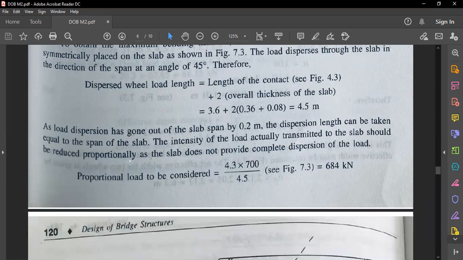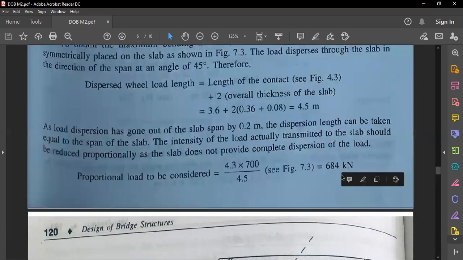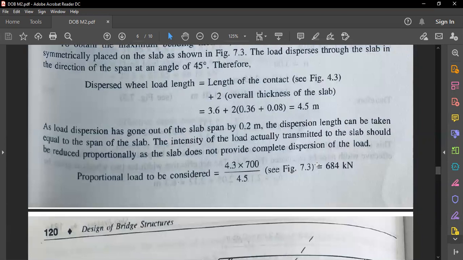So how to calculate that? See here. Out of 4.5, 700 kilonewton, which is acting on 4.3 meter. That will give you, out of 700 kilonewton, only 684 kilonewton acting on the bridge deck slab. If it is lesser than 4.3 meters, then the total 700 kilonewton will be acting on the deck slab.